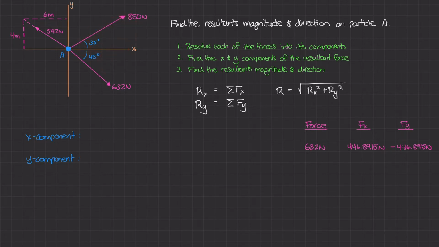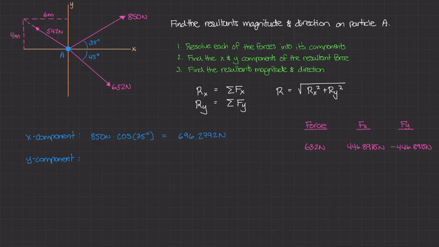For the x component, I can say that that is going to be 850 newtons times the cosine of 35 degrees. And cosine, because we're looking at the adjacent side, which in this case is the x component. And that turns out to be a value of 696.2792 newtons.